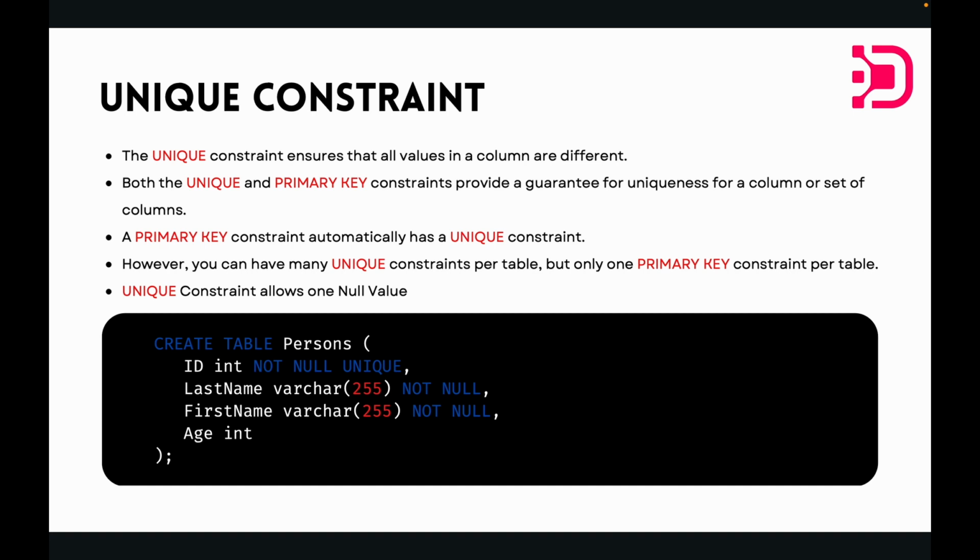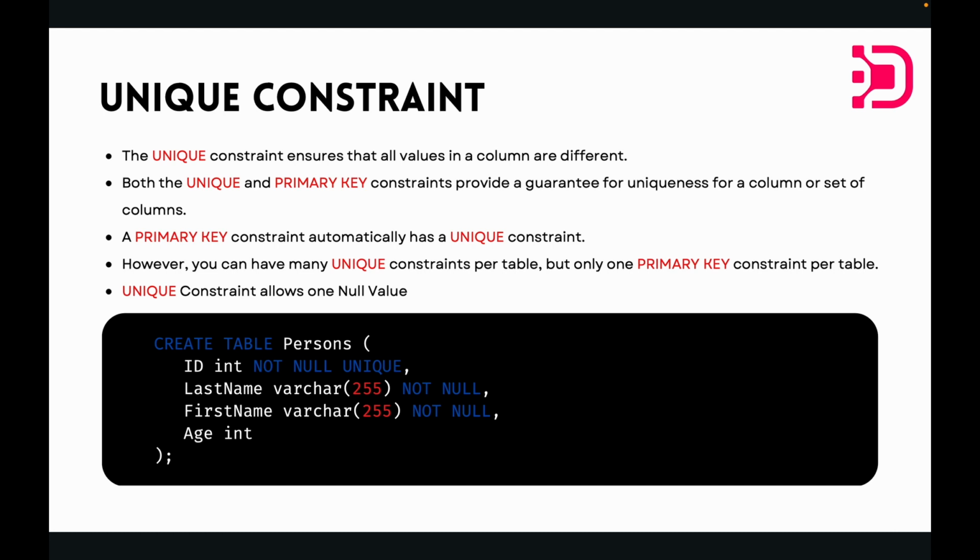A primary key constraint automatically holds a unique constraint within it. So if you're specifying a primary key, you don't need to specify the unique constraint. However, in a table, you can have only one primary key constraint, but unlike the primary key, you can have multiple unique constraints per table. And it's also important to note that specifically in SQL Server, the unique constraint allows one null value.